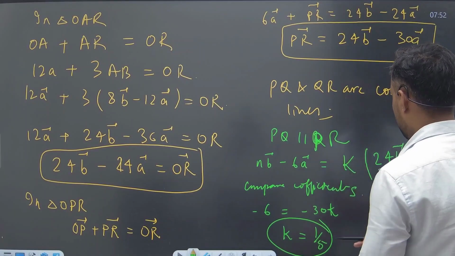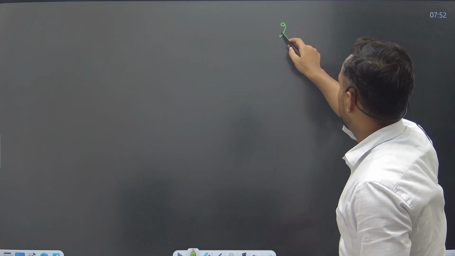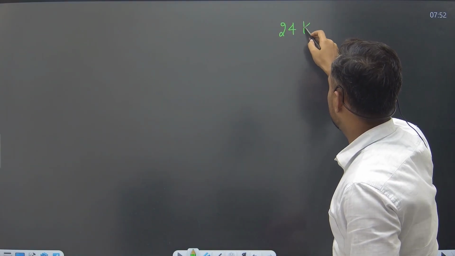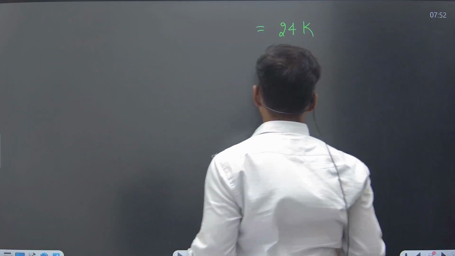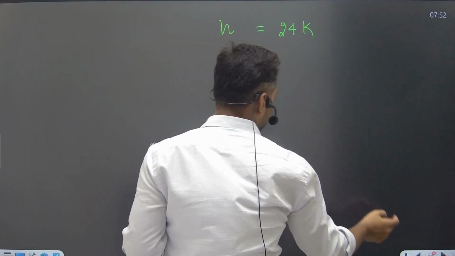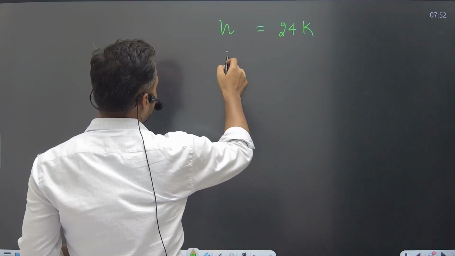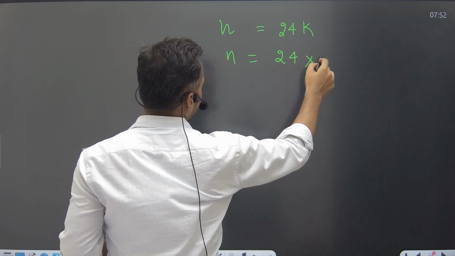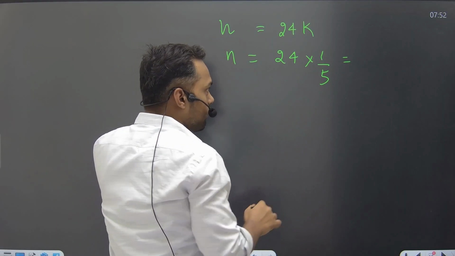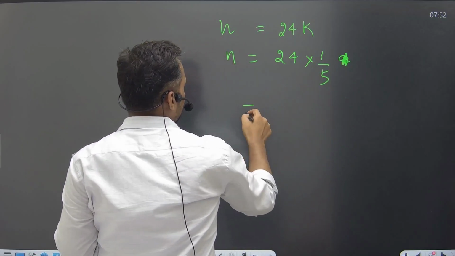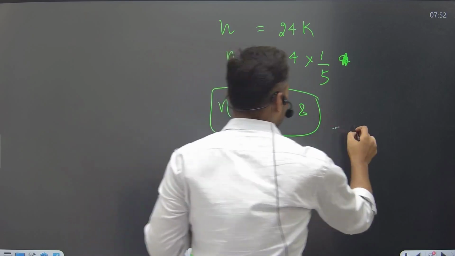Now if we compare the coefficient of b vector, it will be 24k equals n b vector, so it will be n. k I have got the value as 1 by 5, so 24 into 1 by 5 will be equal to n. n equals 4.8.